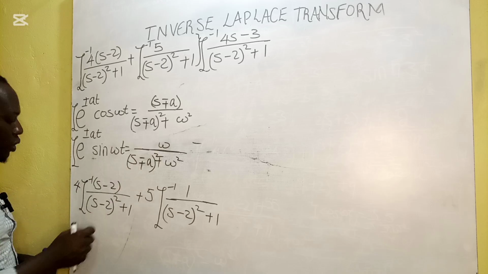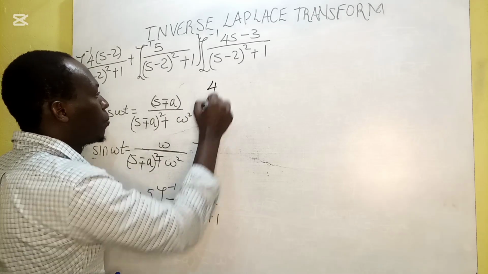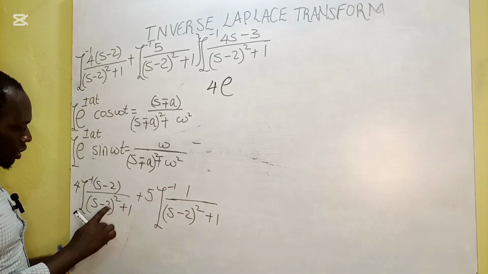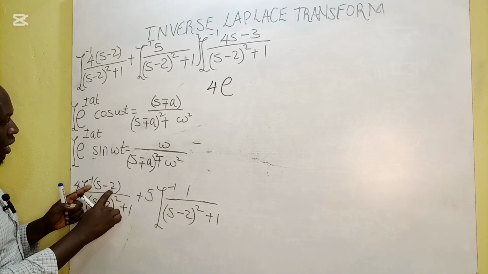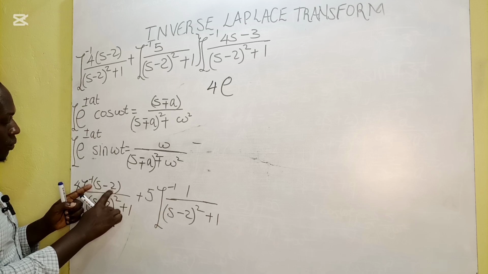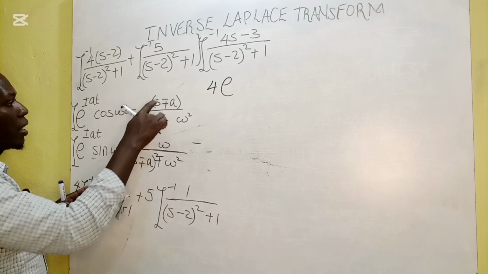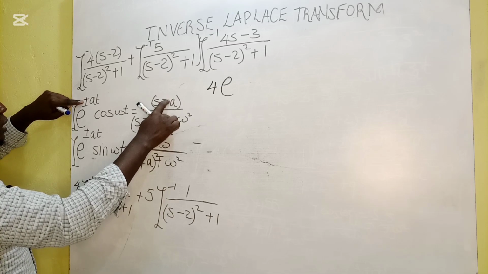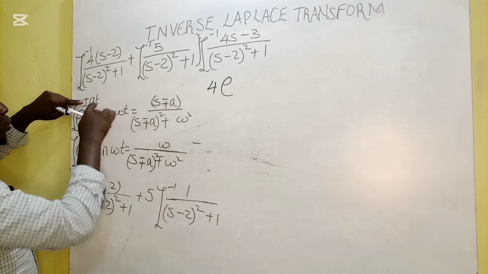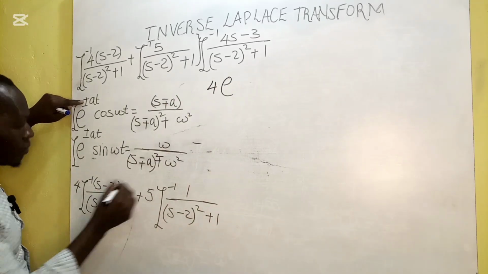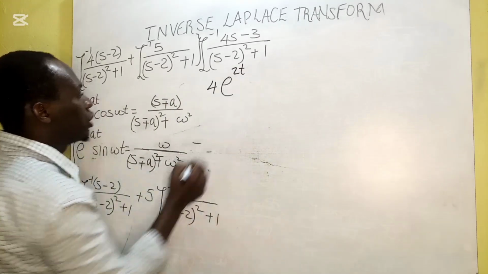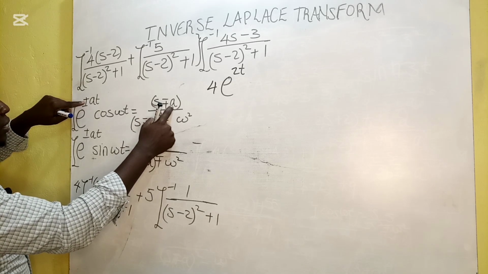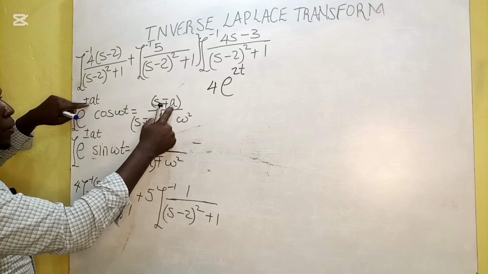And now from this point, for the exponential here, the term of a is a negative of 2. We say that when we are having a negative here, the exponential is going to take a positive of 2, to mean that here we are going to have e to the 2t, because a stands for the exponential power here.